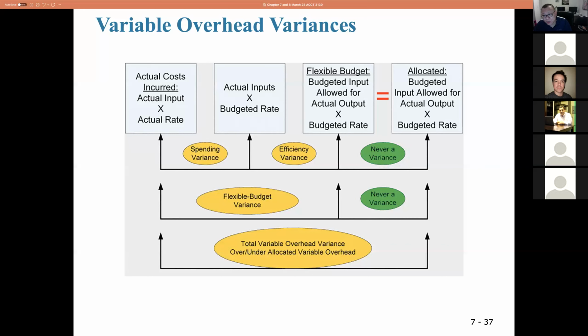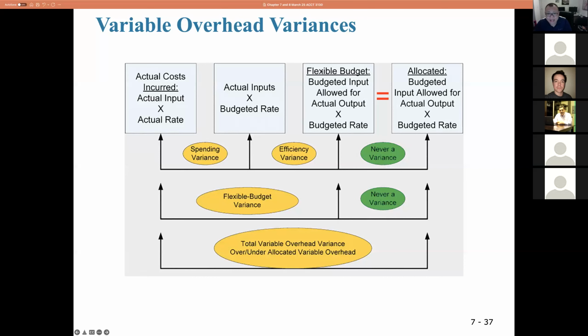And you remember there's a video where I show you how to do the journal entry. So that's this level, when we are talking about using the actual number versus the allocated number. The difference is either over applied or under applied.